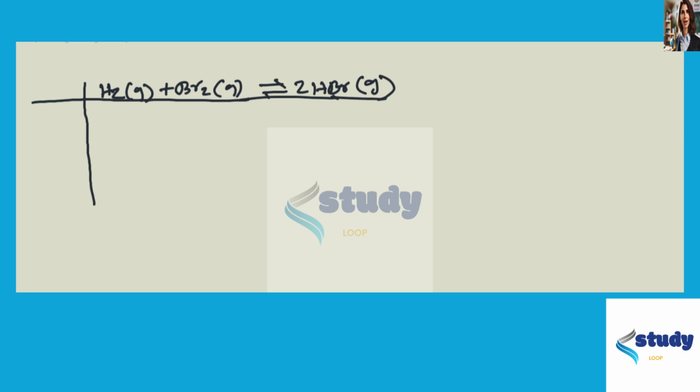Now the initial number of moles, so these are the number of moles in this row, in this column, and the initial number of moles of hydrogen we have calculated as 0.68. The initial number of moles of bromine we have calculated as 0.44, and the initial number of mole of the product will be 0.